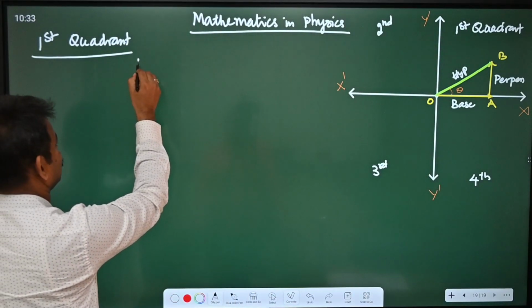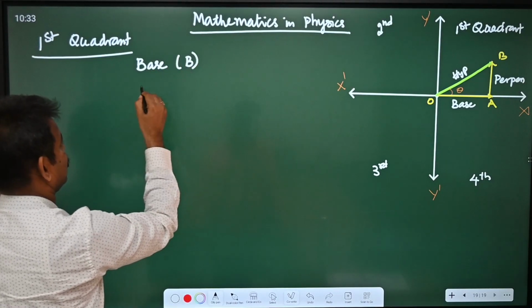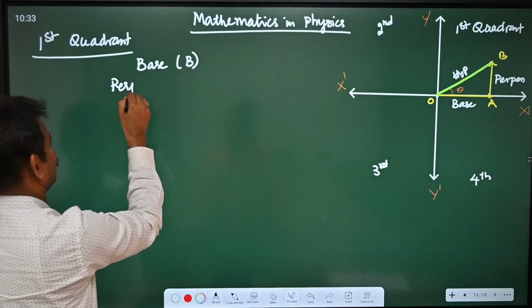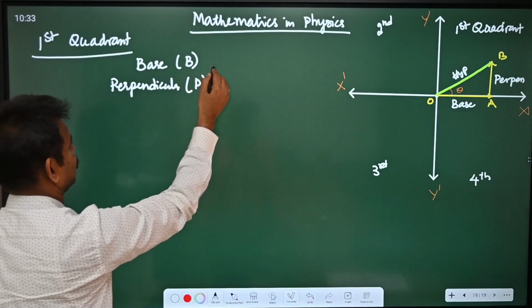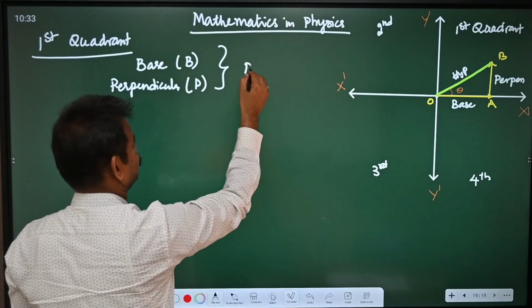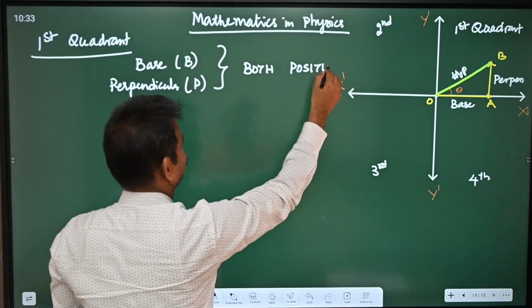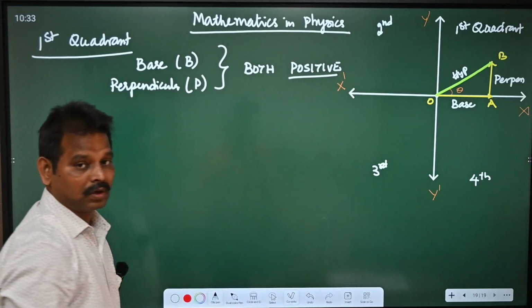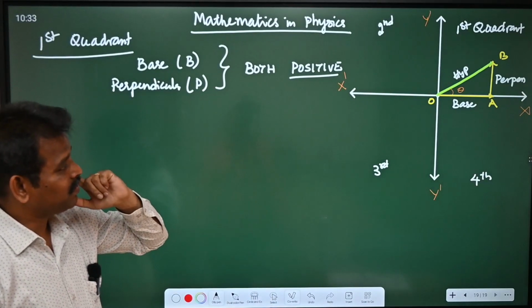So in the first quadrant, base, we denote this as B, perpendicular, P. These two are both positive.